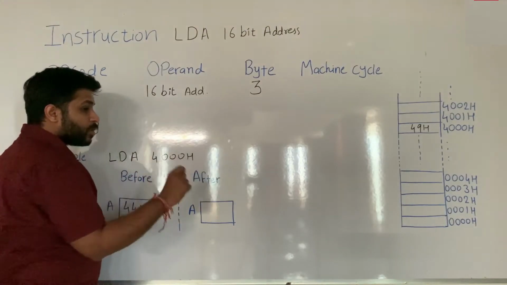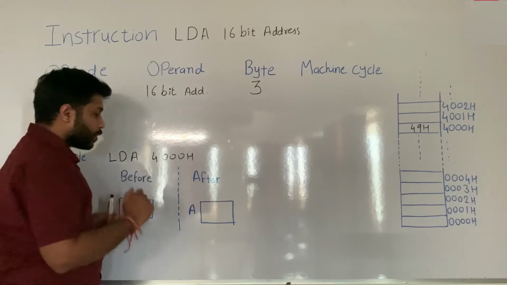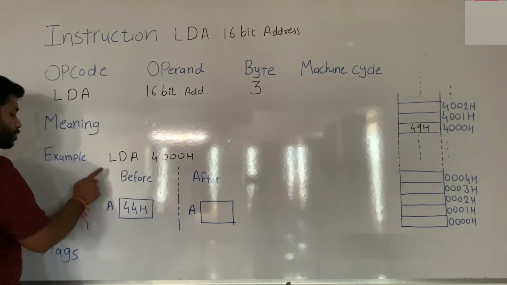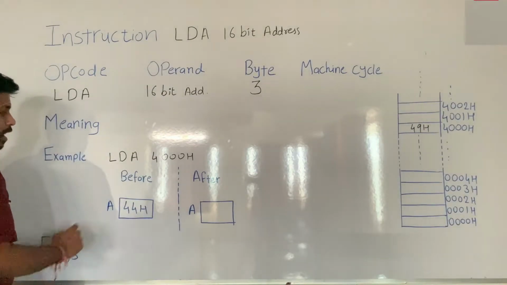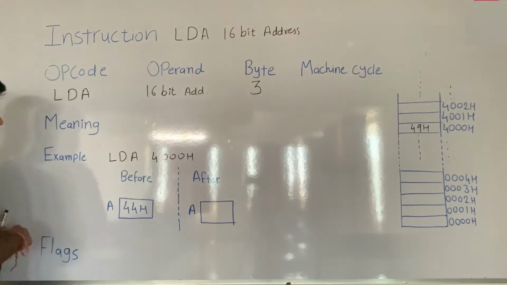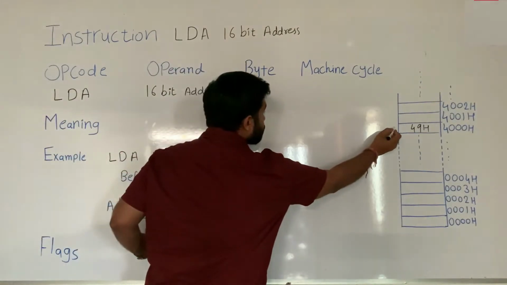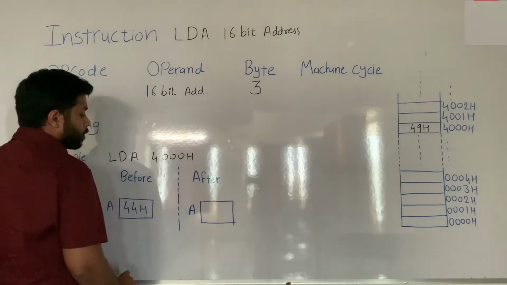In the 4000H memory location, how much data is stored? 8-bit data. You can see that before the execution of this instruction, 44H is present in the accumulator. After the execution, what will happen? The data stored in 4000H will be transferred to the accumulator.